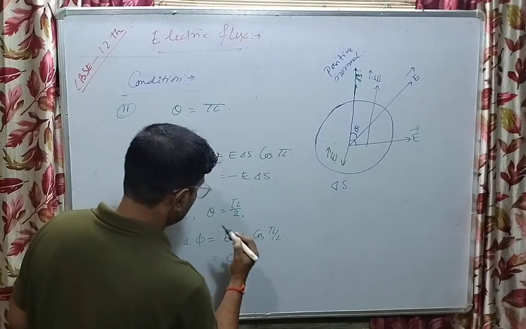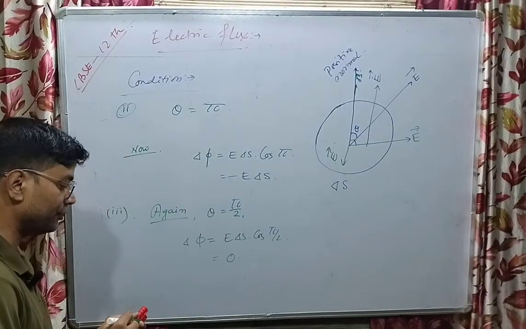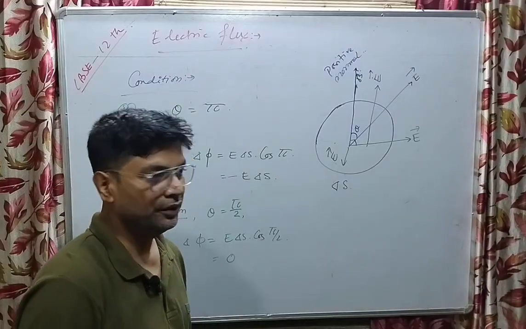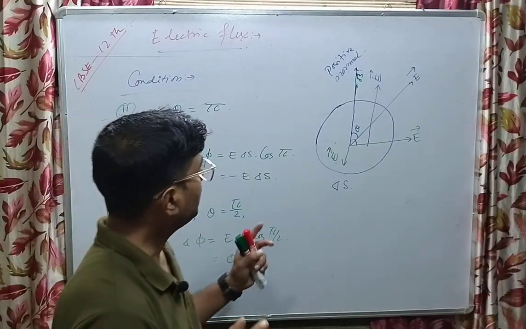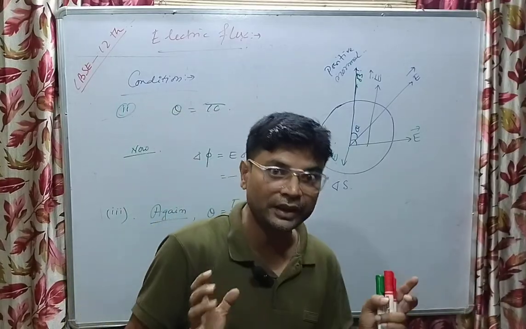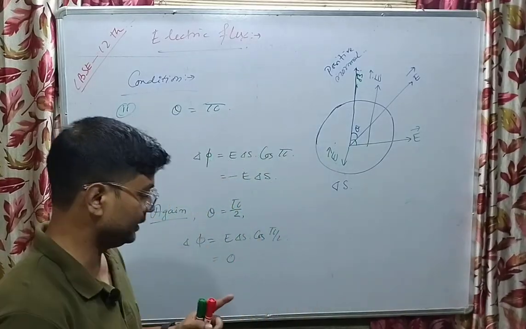It means 0. The amount of electric flux passing through the surface is 0 if the angle between the area vector and the electric field is 90 degree.